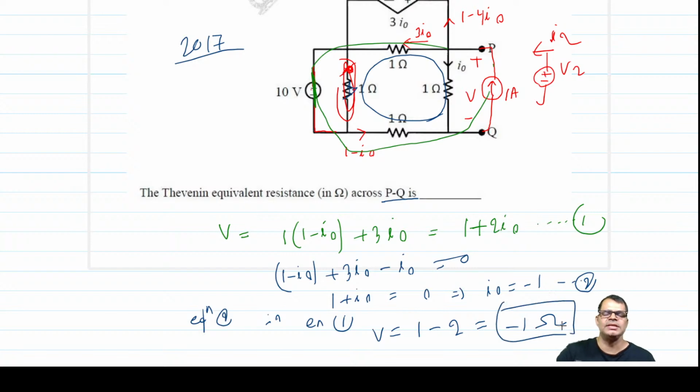That means your ZTH is equal to, is it clear? See the powerfulness of this third method, that is driving the circuit with a 1 ampere current source and find the voltage.